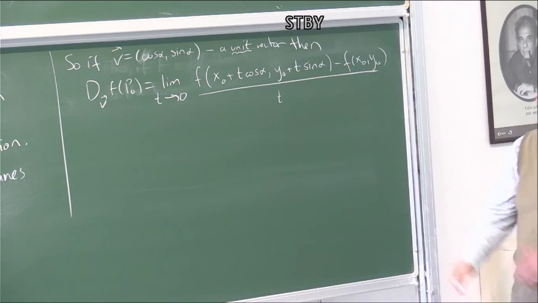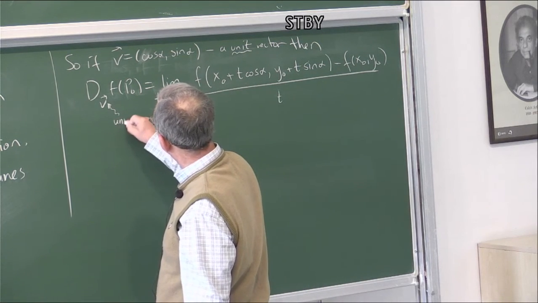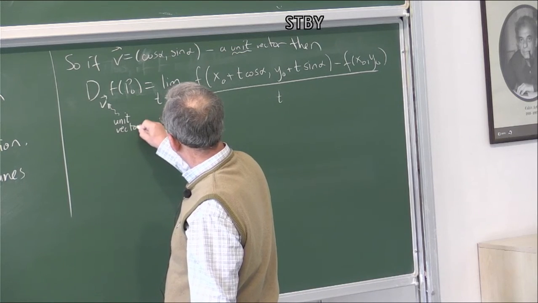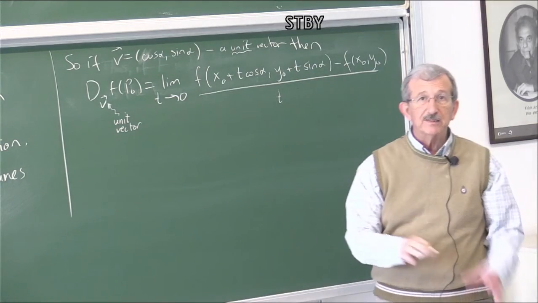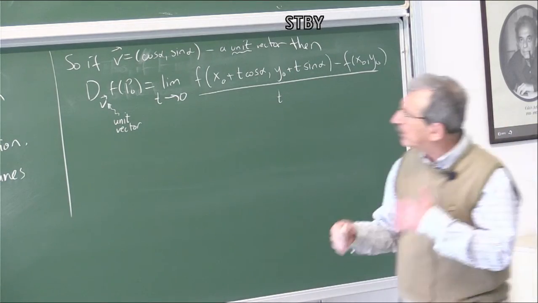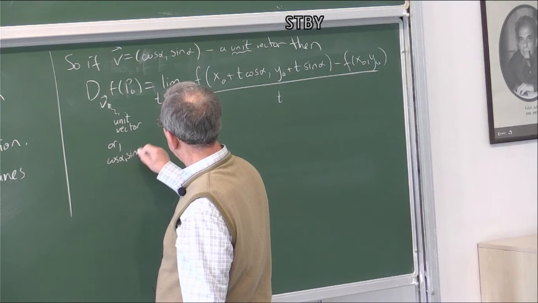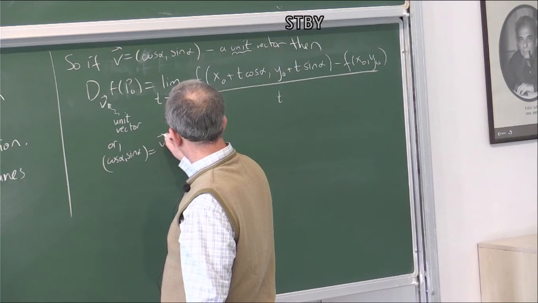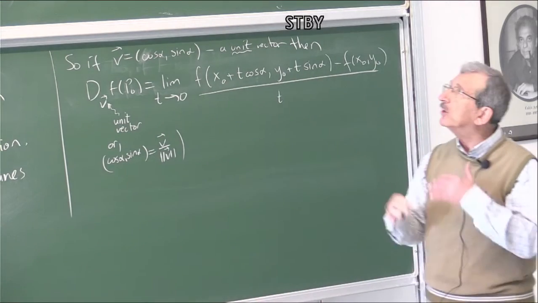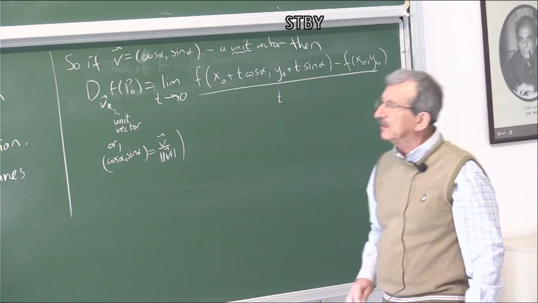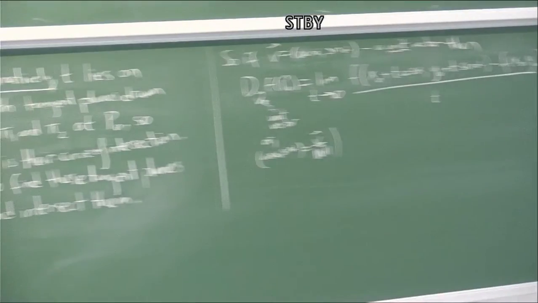So this is usually assumed to be a definition, but here remember V is a unit vector. Or whatever V is, we put here cosine alpha, sine alpha, which is V over its length. Either way, we pass to a unit vector, and we have this simpler formulation. It's the same thing, of course, but it's a simpler formulation.